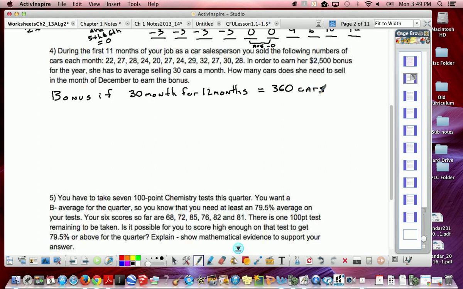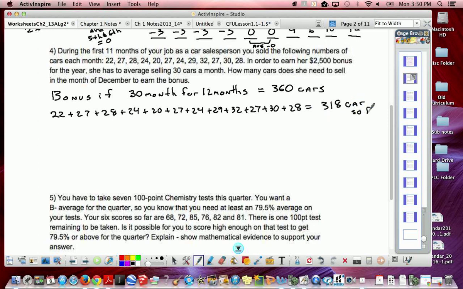That's what you need. Well, right now, you have sold 22 plus 27 plus 28 plus 24 plus the 20 plus the 27 plus another 24 plus the 29 plus the 32 plus the 27 plus the 30 plus the 28. If you add those all up in your calculator, you have sold 318 cars so far.